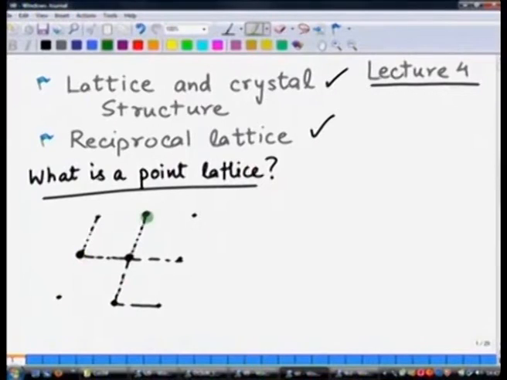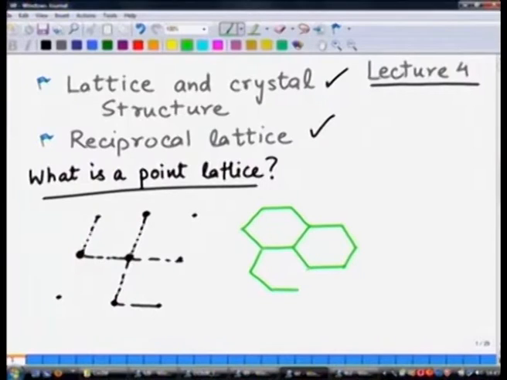The orientation is identical. A counter example may be an arrangement of points which is something like this. Let me see if I can draw a nice picture. I will attempt to first draw some pictures, not the points. Just hold on for a minute with me and then we will see. I will give you an example which will not be a point lattice.